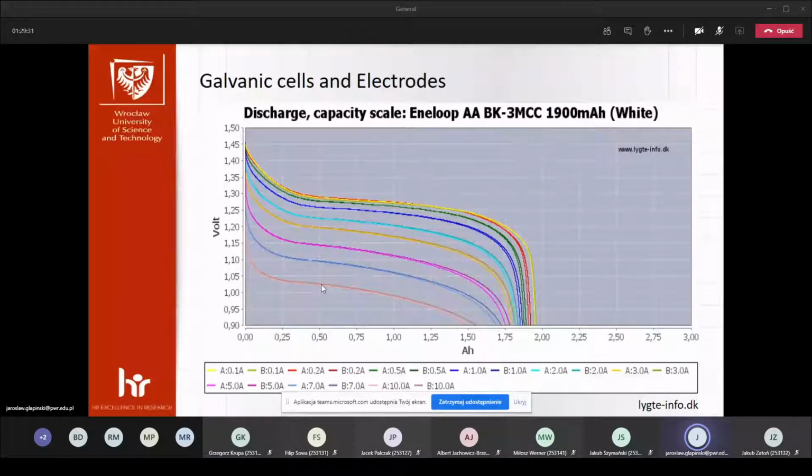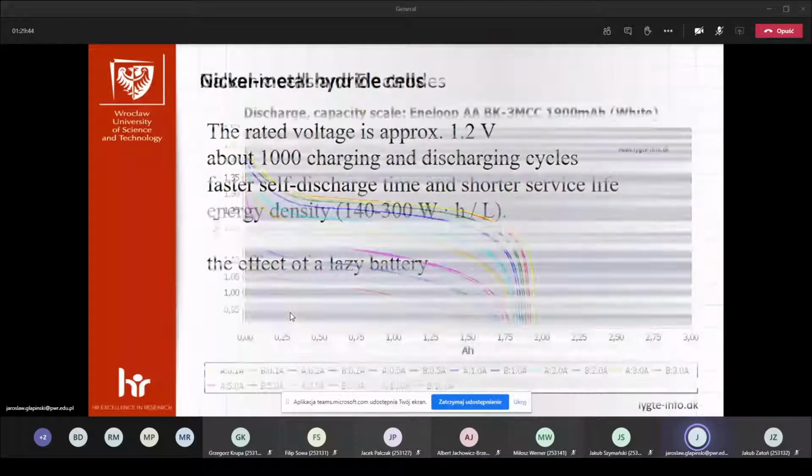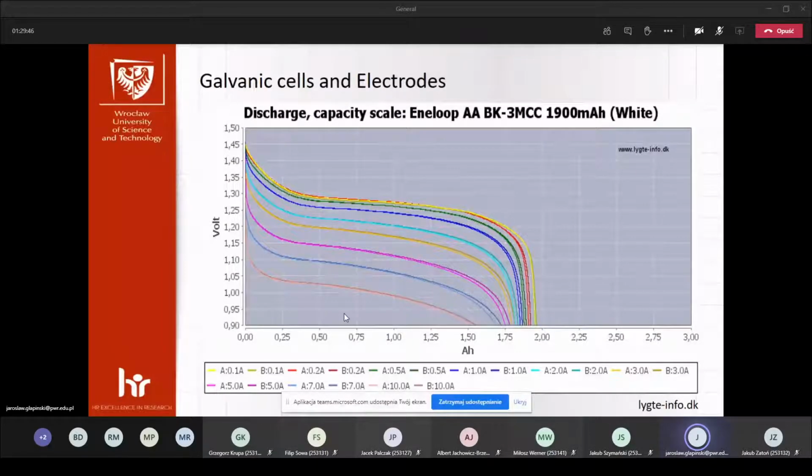these nickel metal hydride batteries or accumulators are used for devices which do not use much current, because the resistivity of the elements is higher, so we can't use high currents on it.